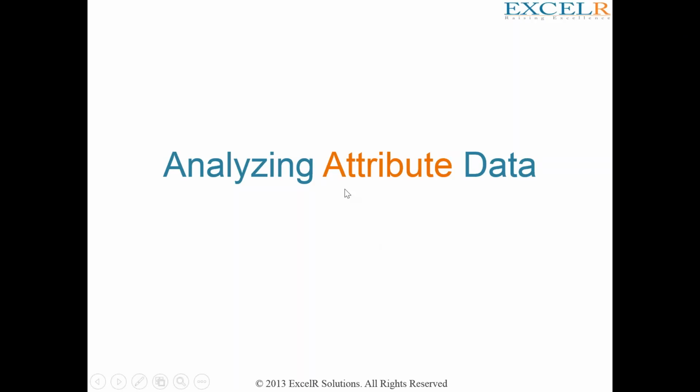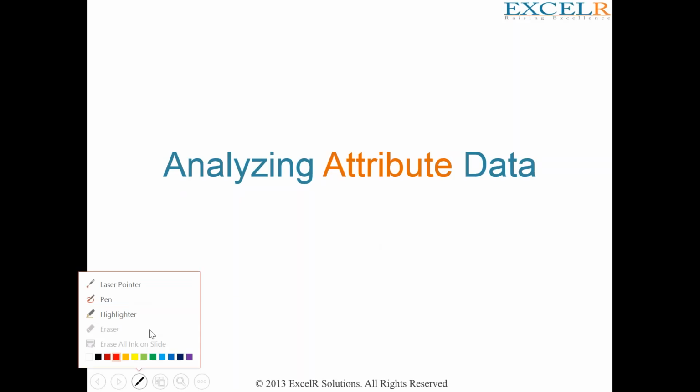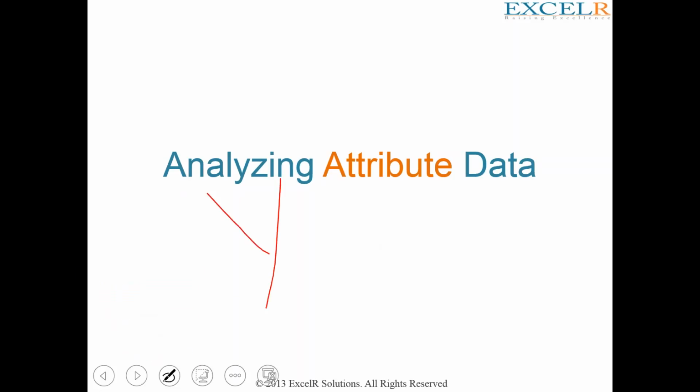We are going to extend the discussion beyond what we discussed yesterday about logistic regression. As the name itself suggests, we are going to analyze attribute data. Whenever your outcome variable is attribute data, we end up using logistic regression.